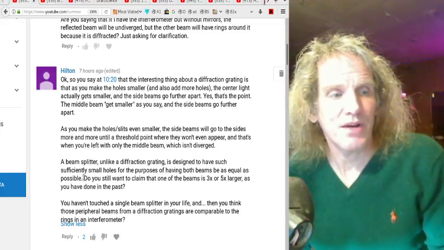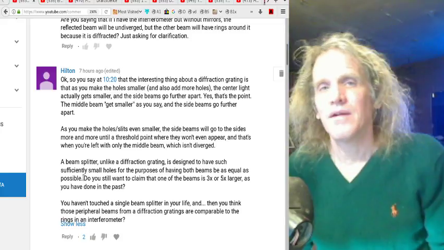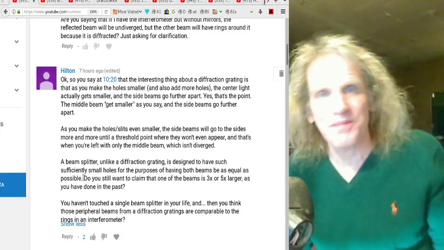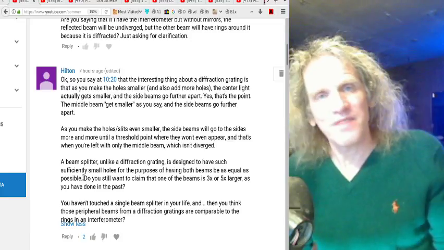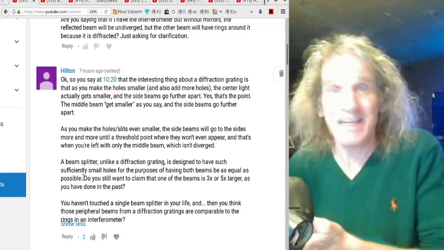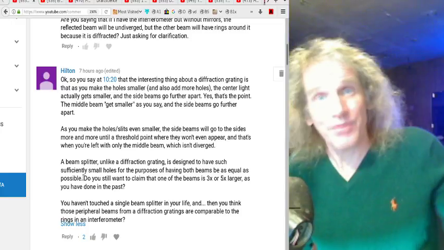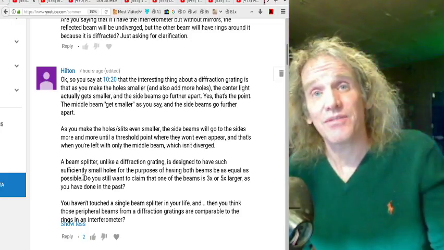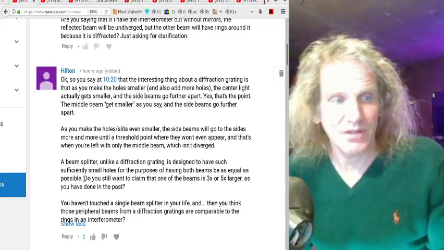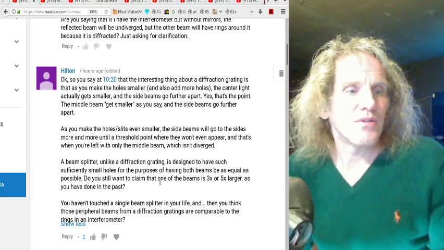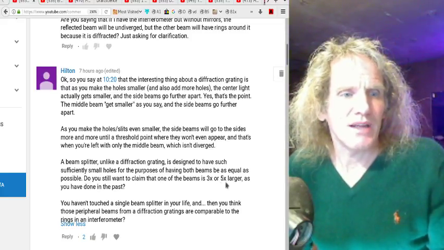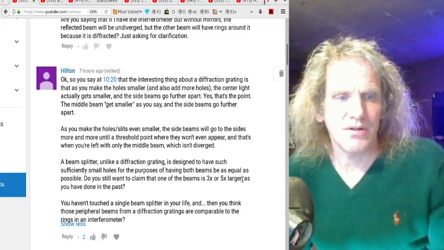Well, again, I just point out how that's not possible for both beams to be as equal as possible if one of them is diverging insane amounts and one isn't diverging anywhere near those insane amounts. It's just diverging as much as the laser light is diverging. Do you still want to claim that one beam is 3x or 5x larger?